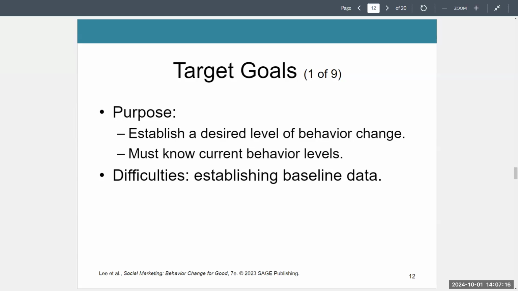And as a researcher or as a marketer, it helps with informed decision making. So understanding the current level of your priority audience is really essential for setting meaningful target goals, because it enables you to make informed decisions about the magnitude of change that is required. How big is that change? Okay.